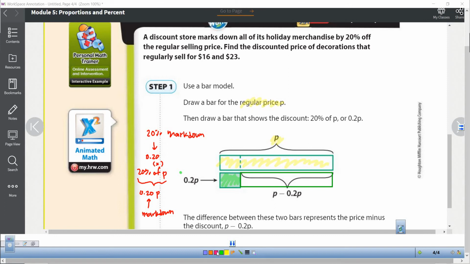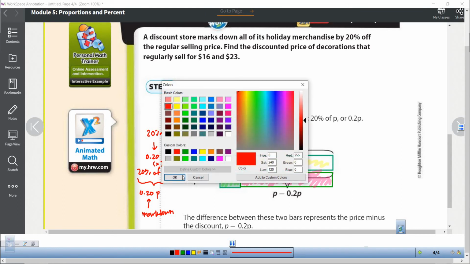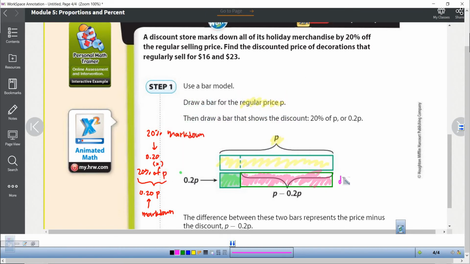Okay, so this part here, remember that I colored in right there? That pink part there represents the selling price or the discounted price, okay? So that is our discounted price.